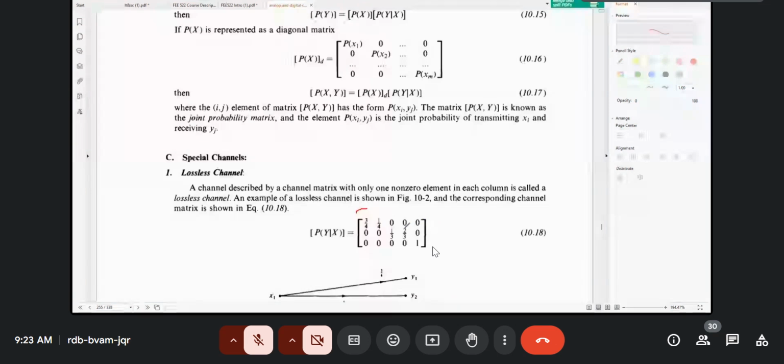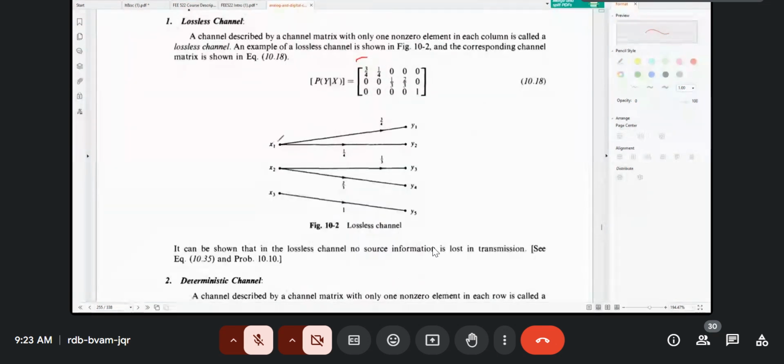So we have x1. When the input is x1, there's a 3/4 probability that the output is y1, and a quarter probability, a 0.25 chance, that it is y2.